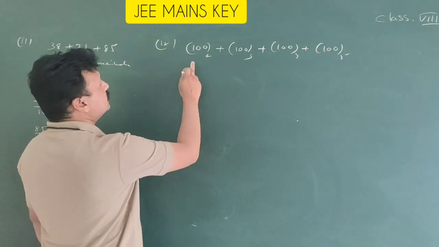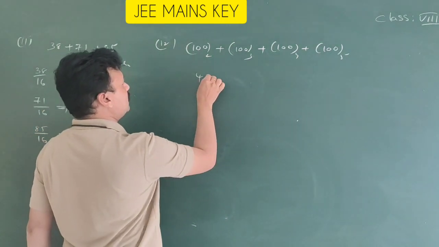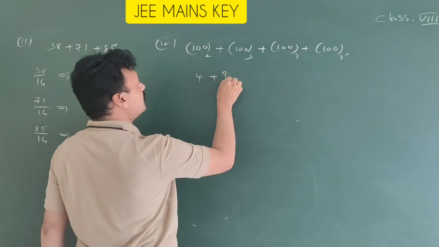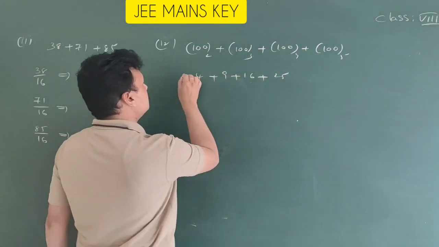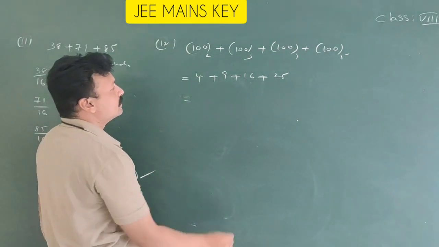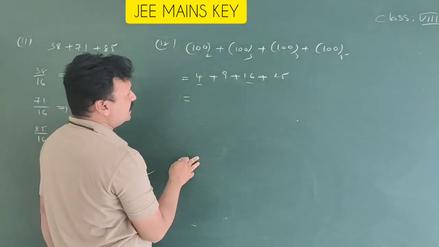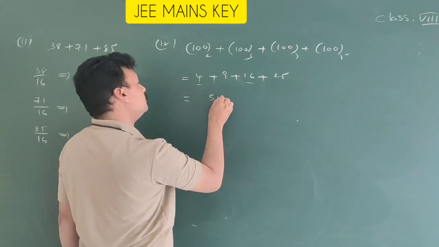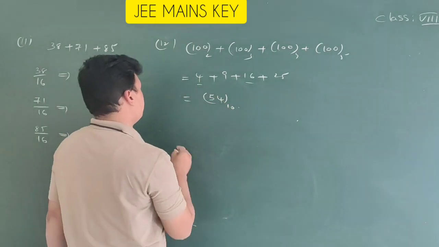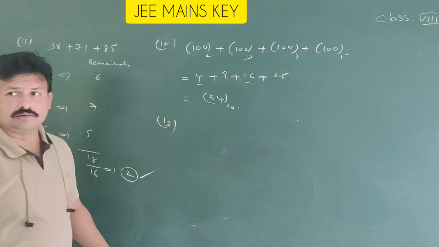So here 2 square is 4, then 3 square, 4 square, 5 square. 16 plus 4 is 20, plus 25 is 45, plus 9 is 54, to the base 10 is the required answer.